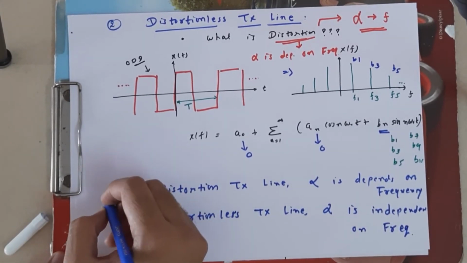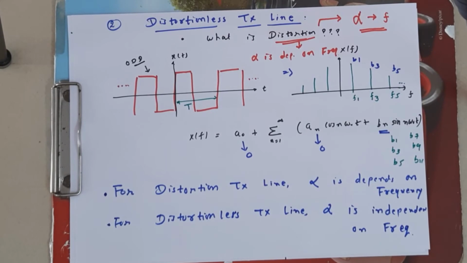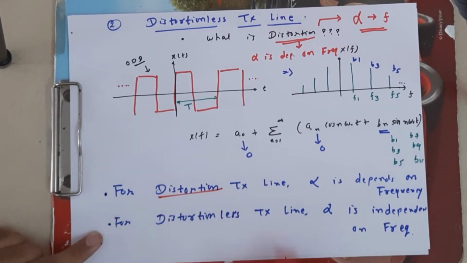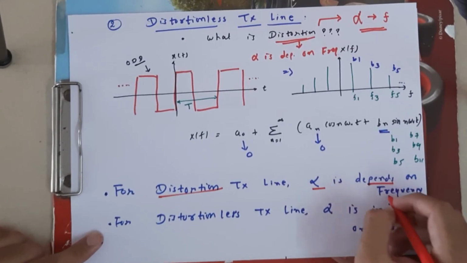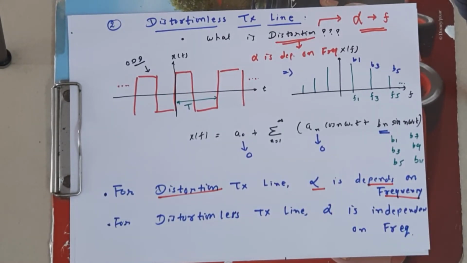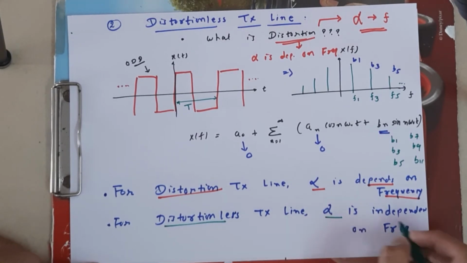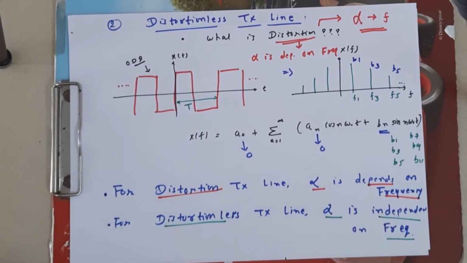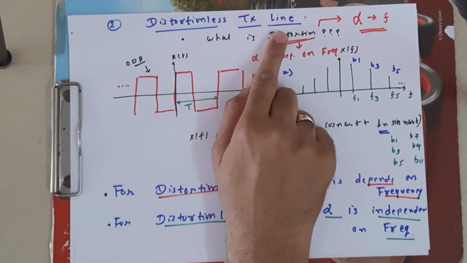This is the difference between a distortion line and a distortionless line. For a distortion line, alpha depends on frequency, and for a distortionless transmission line, alpha is independent of the frequency. Clear? Now let us start the distortionless transmission line.